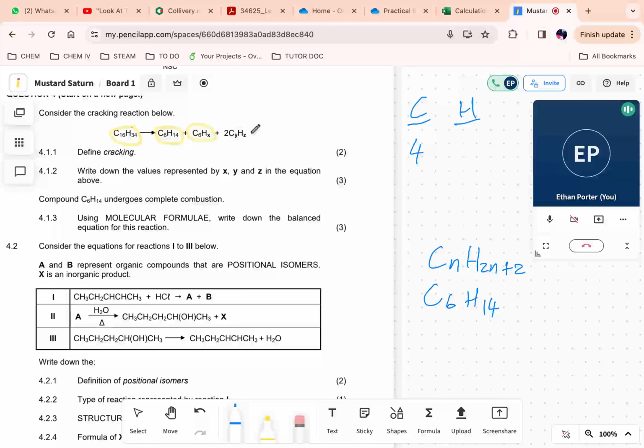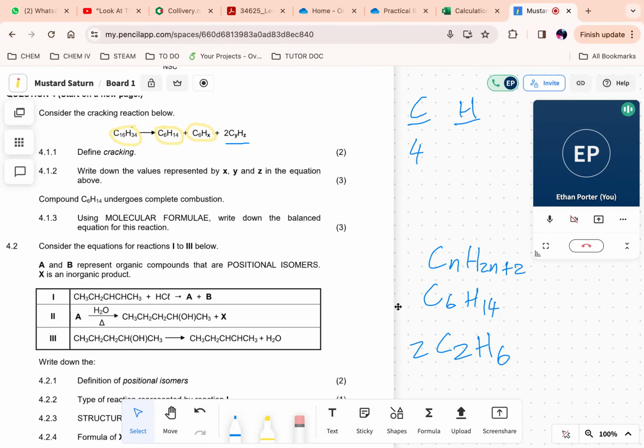That means this last molecule, Y, should be 4, so we have 2C2, probably 2 to make 4, H6, if we assume it's an alkane as well. Let's do the math. We have H14 plus 14, that's 28, plus 12, that gives us 40 hydrogens, which is wrong because we only have 34 in the starting molecule.